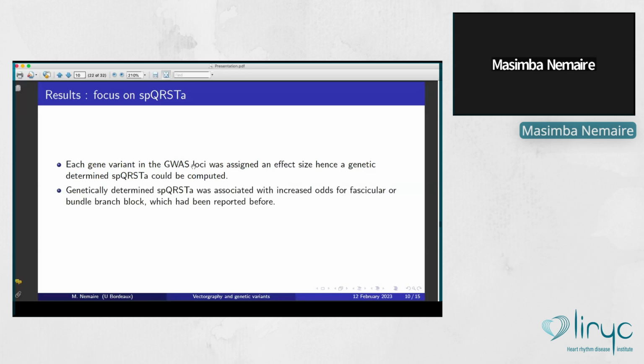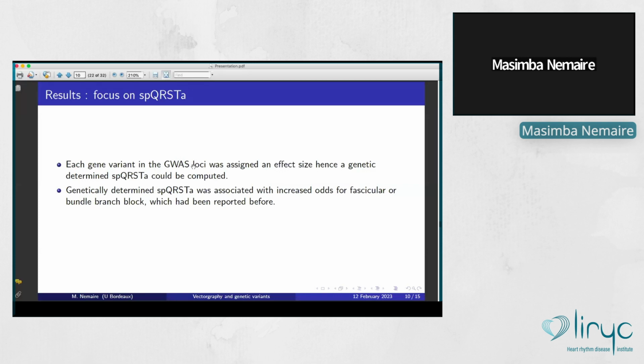And when they did this computation, they wanted to see, can this genetically determined angle point us to certain diseases in people who exhibit them? What they found was that an abnormal genetically determined angle was associated with an increased odds of vascular or bundle branch block, but this was already known.